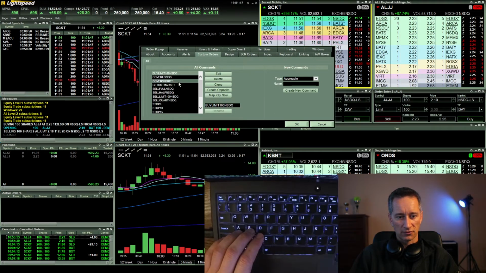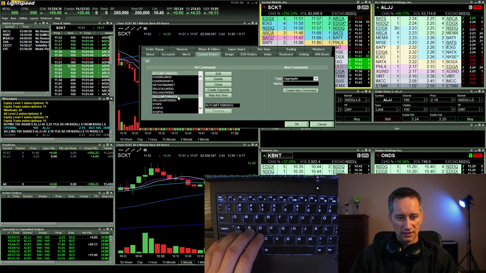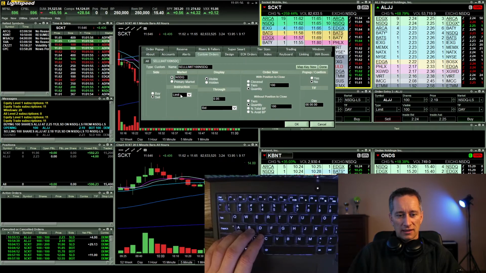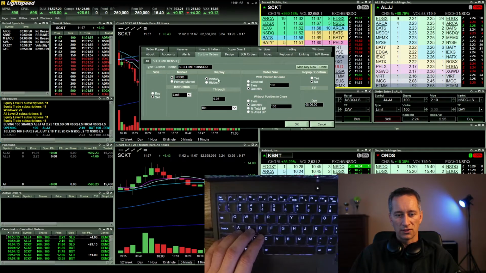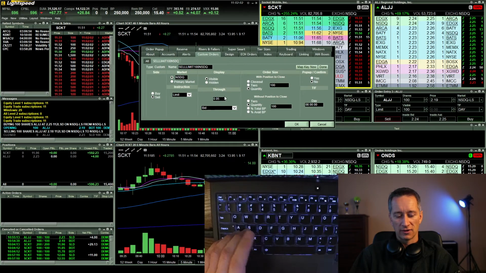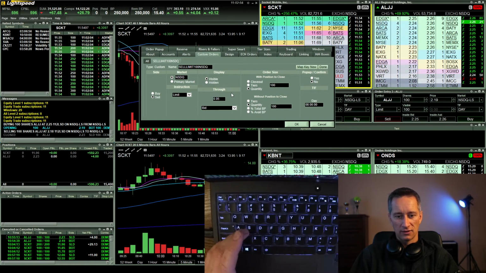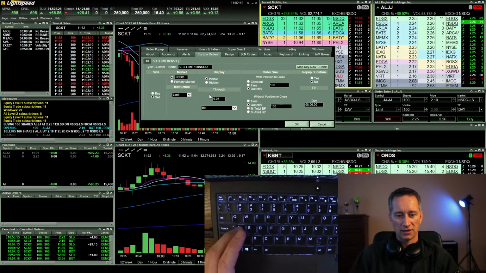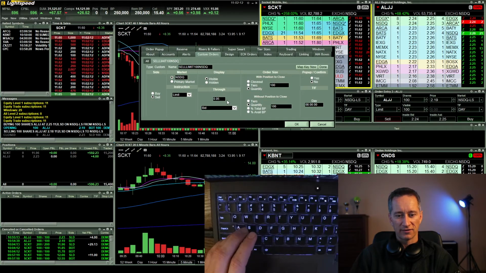Let me show you quickly what I've set it as. Sell limit 100 Nasdaq. Here it is. So it's a sell order, also on the Nasdaq, a limit order, visible as well. So if I'm pressing that, I'm going to get a fill. So if I want to sell at 200, again let's keep that simple, I'm going to get a fill up to 195, right?